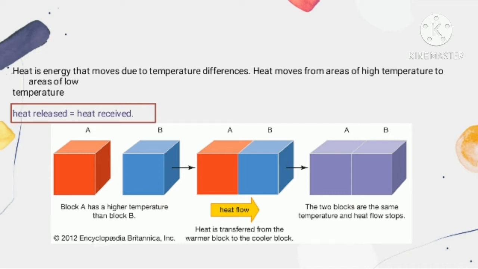For example, when a person makes warm tea, he can mix hot water with cold water. The hot water will release heat energy, while the cold water will receive the heat energy. Or heat released equals heat received.